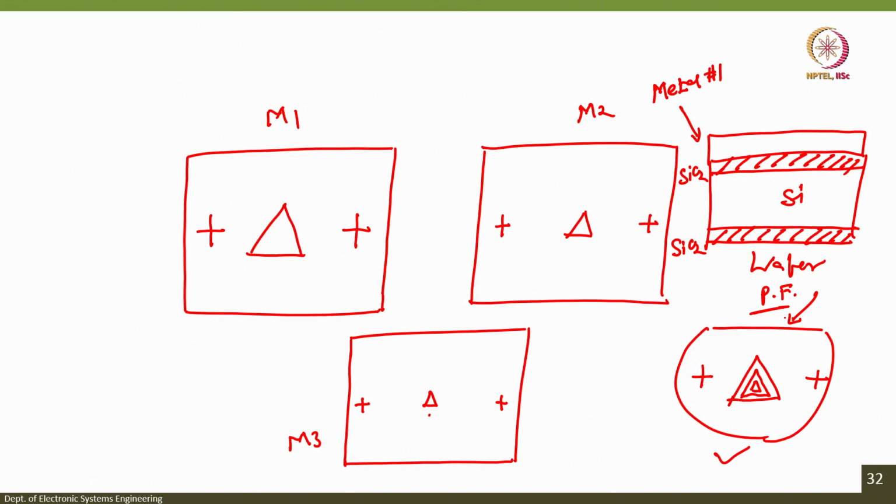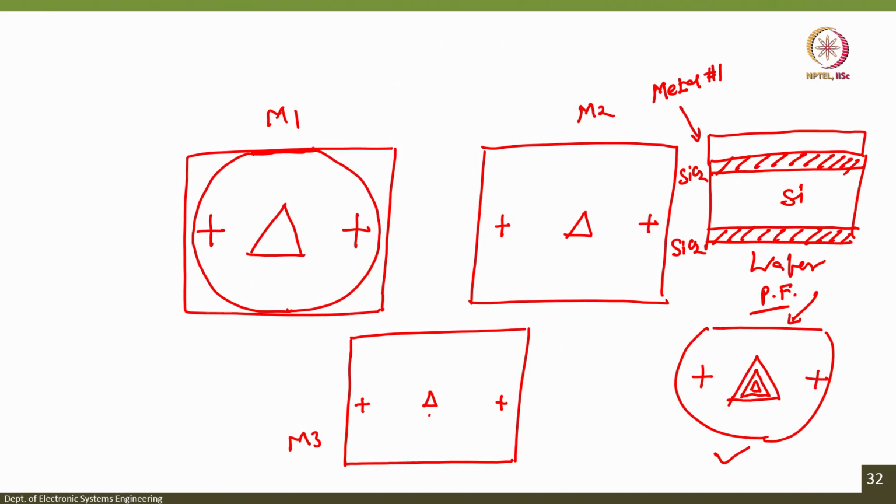So, now with respect to this primary flat, we will align this one, and such that the wafer, it is not so easy to draw even a circle, isn't it? Looks like this, okay, the wafer looks like this.